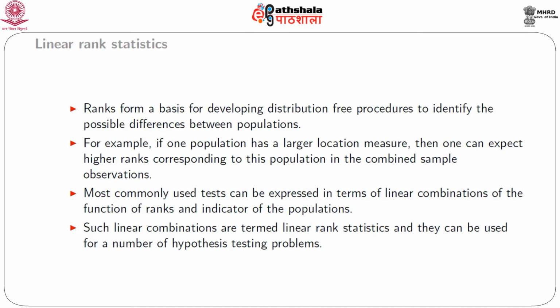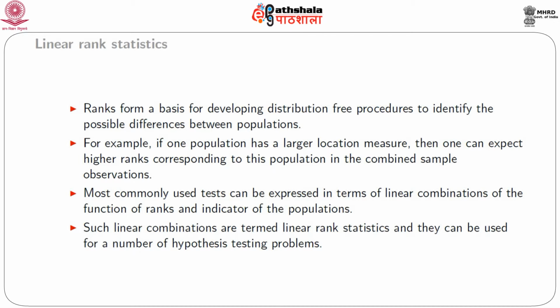Now we shall define a linear rank statistic. Since ranks form a basis for developing distribution-free procedures to identify the possible differences between populations, we shall use ranks for our purpose. For example, if one population has a larger location measure, then one can expect higher ranks corresponding to this population in the combined sample observations.